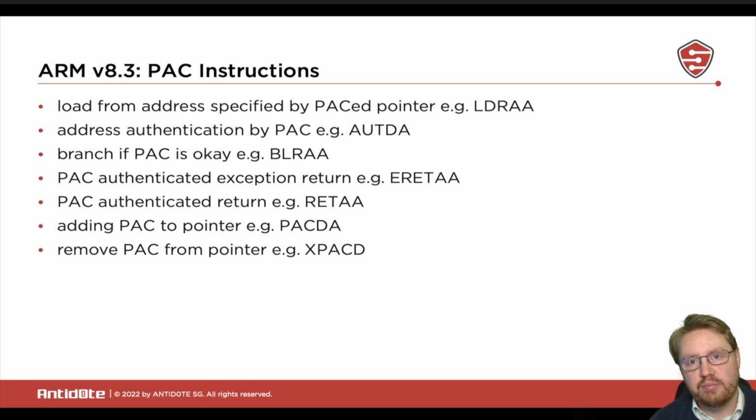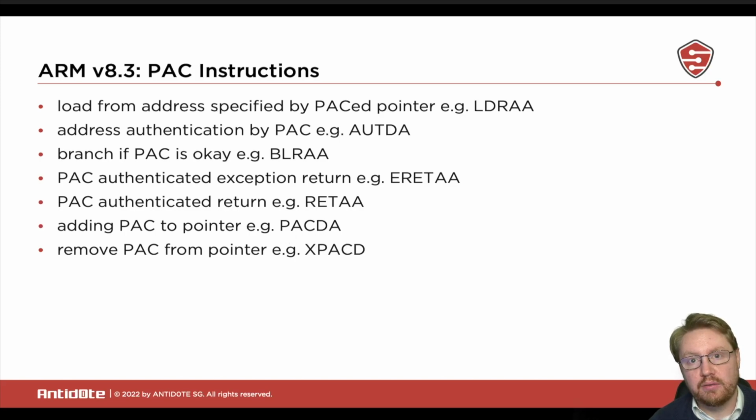Again, otherwise it will branch to a wrong address and cause an exception. We have the same thing for exception returns and for normal function returns. So in all of these cases, the target address must be protected. If it's not, it will return to the wrong address, and this will of course cause an exception.